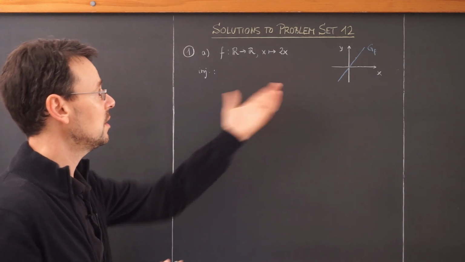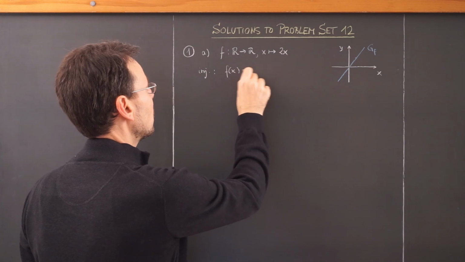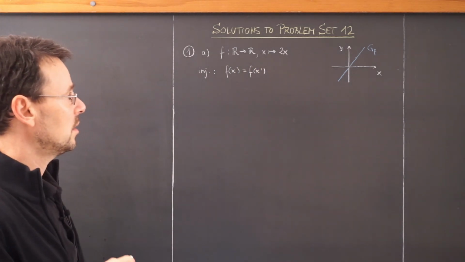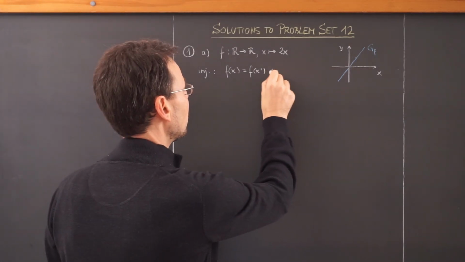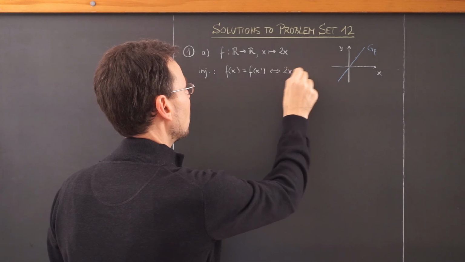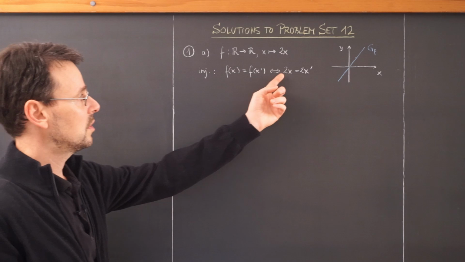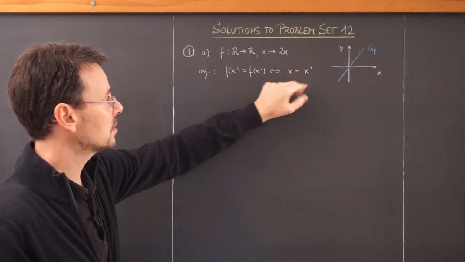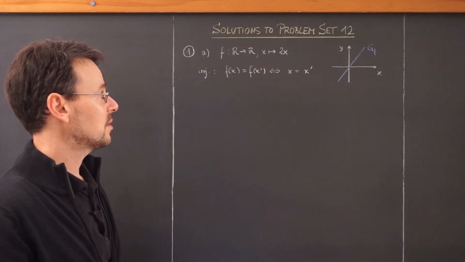So injectivity, let's say we have f of x equals f of x prime. This means by definition that 2x equals 2x prime, and then of course I can cancel the 2 and I'm left with x equals x prime.